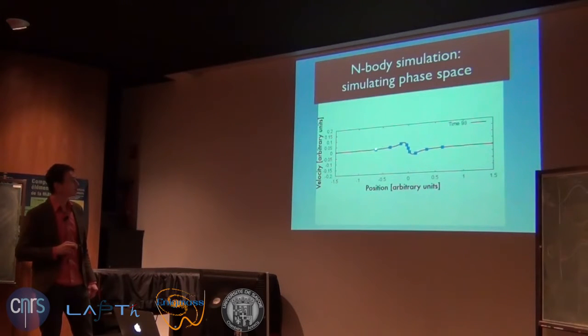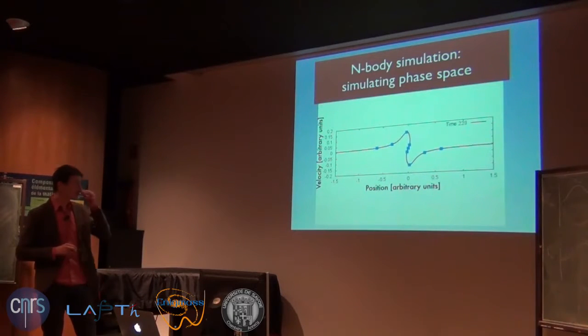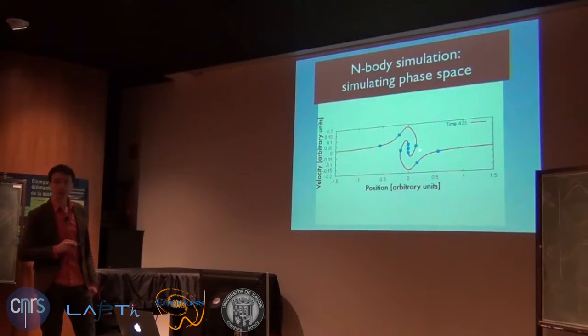But we have limited resolution, so we only put the blue dots in. So this is a hypothetical situation in which we are capable of just simulating the blue dots and following their path in phase space. Okay?